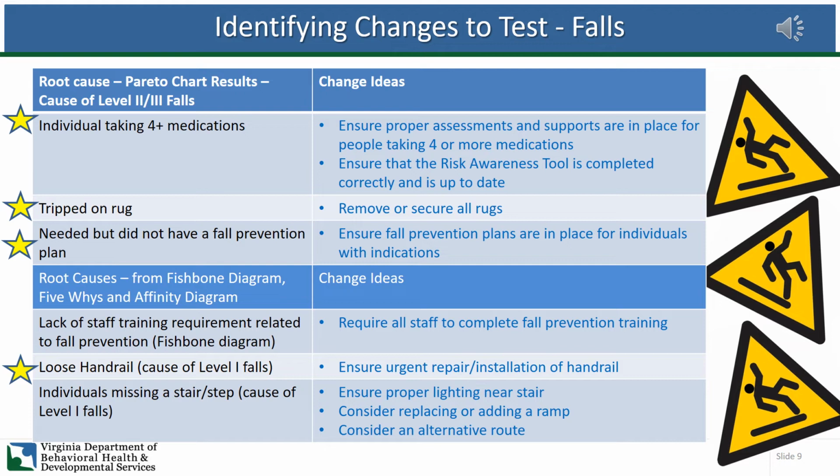We want to definitely address that pesky rug and remove or secure all rugs. And we want to address the issue of people needing but not having a fall prevention plan and making sure that those are in place for individuals that need them. We also decided as a team that because it's a relatively easy thing to do and can have a serious impact if it's not addressed, is to fix that loose handrail that was identified as a cause of level 1 falls.